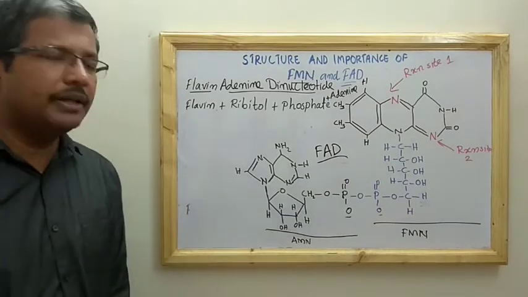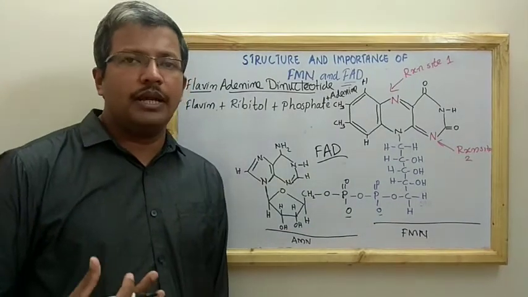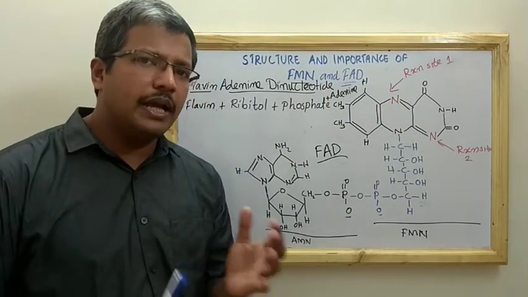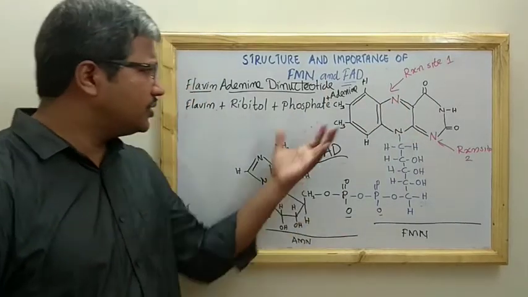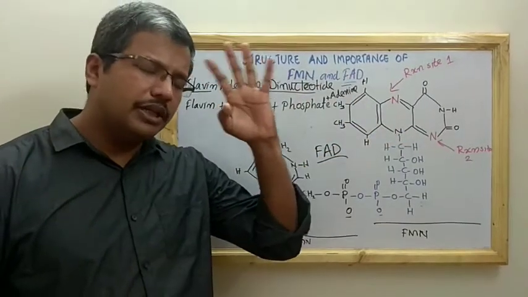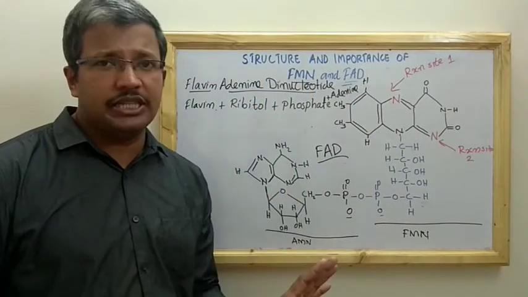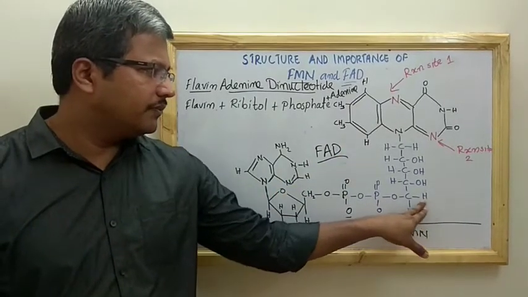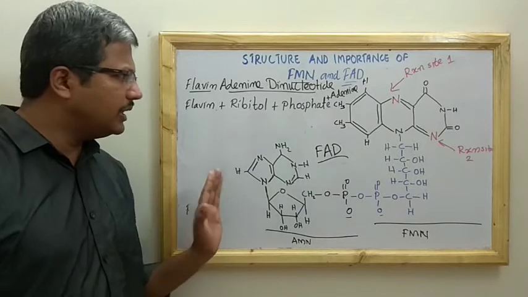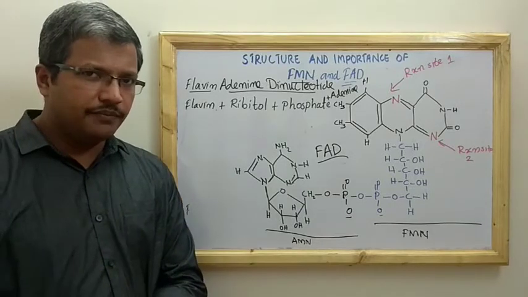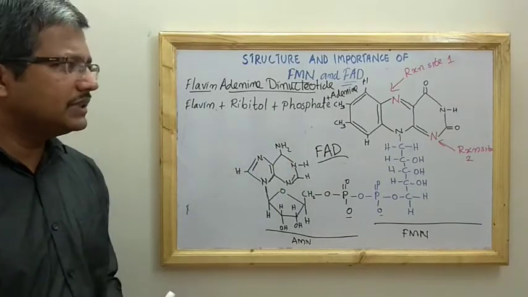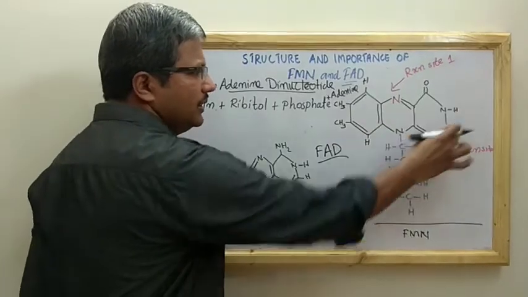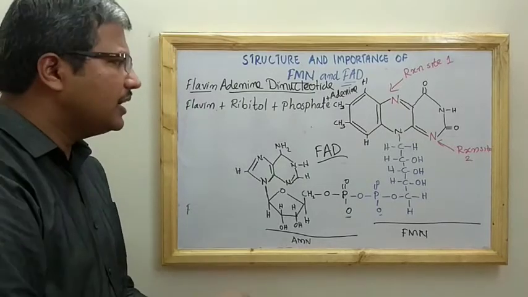Now what will happen when reduction happens and what will happen when oxidation happens? This is an oxidized state. What will happen when reduction happens? I am just drawing this particular part. We have already learned in the FMN, the same thing is happening. So ensure that you are drawing this particular structure first. Just pause the video and draw this particular structure. Now you can just redraw the same thing by making an R here and drawing only this part and adding hydrogen.